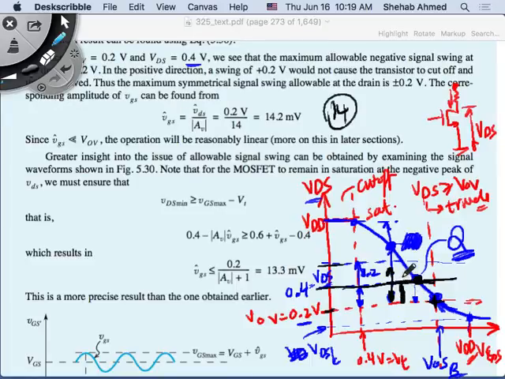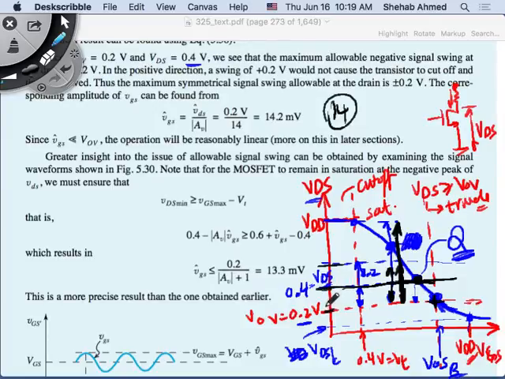The positive side is not limited actually here. The positive side is limited all the way to here. So if you have a signal that is not symmetrical, it's okay. If you have a signal that has much higher positive than negative, you can operate, no problem. But they're saying if you have a symmetrical signal, what is the maximum peak value of the signal? It's limited by the distance between your operating point and the overvoltage in this case.